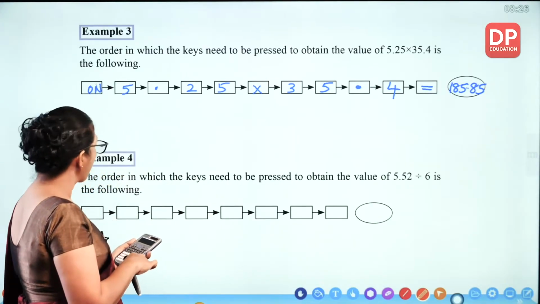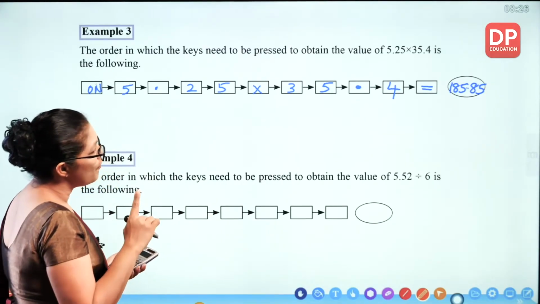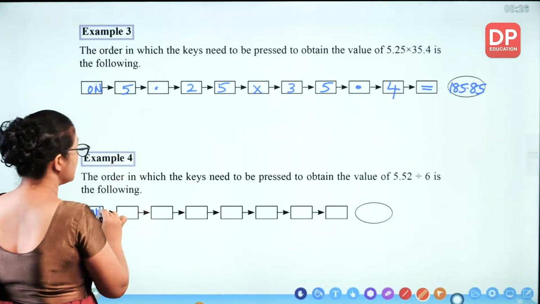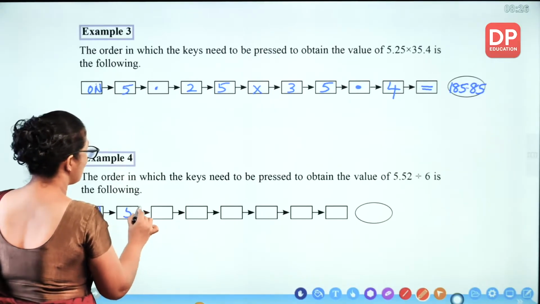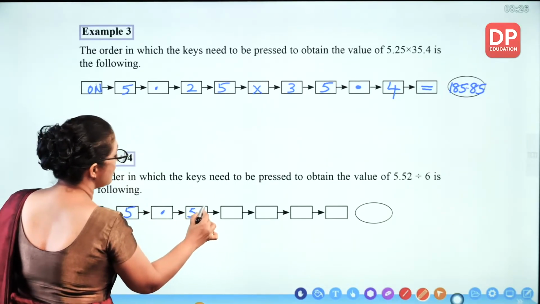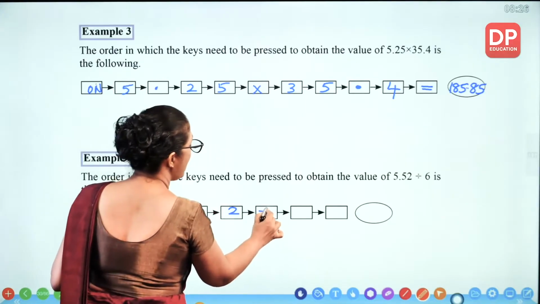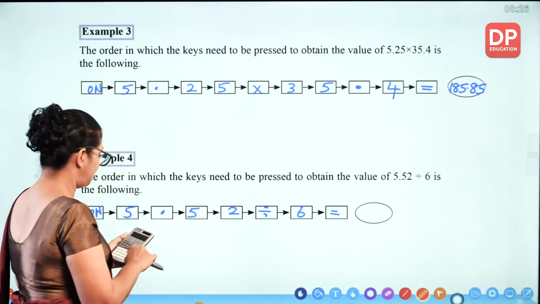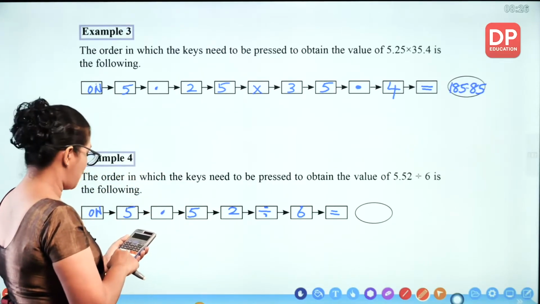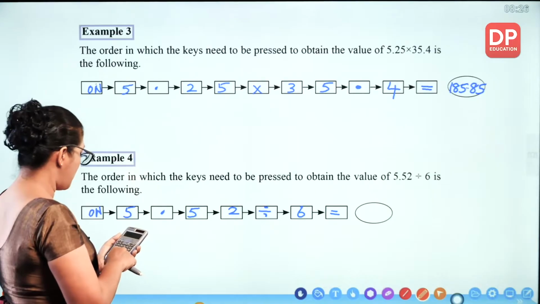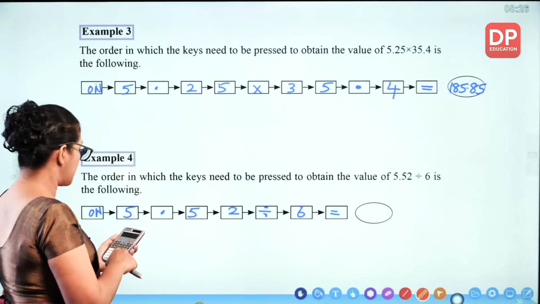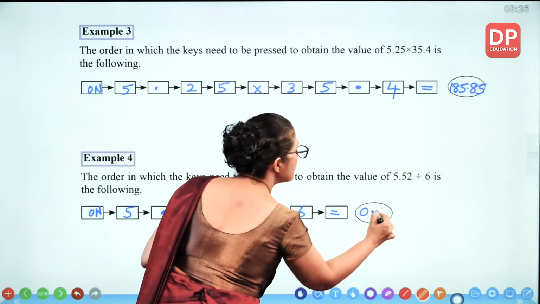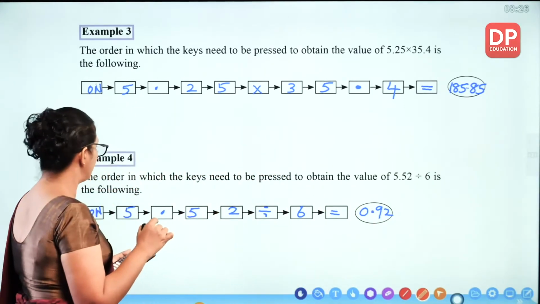Example number 4. What are the keys to do 5.52 divide by 6? Switch on the calculator. 5.52 divide by 6. 0.92.